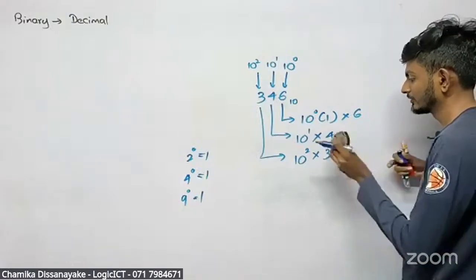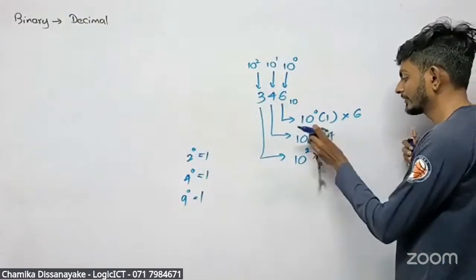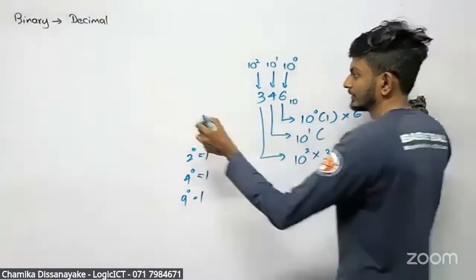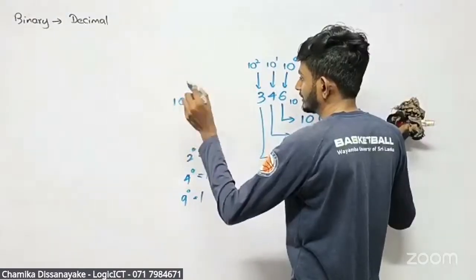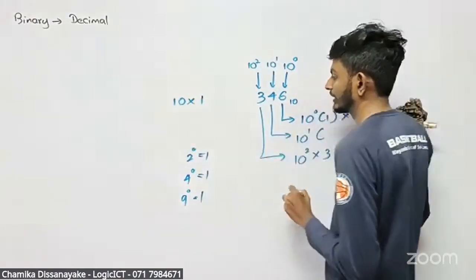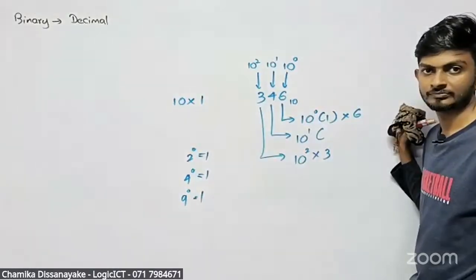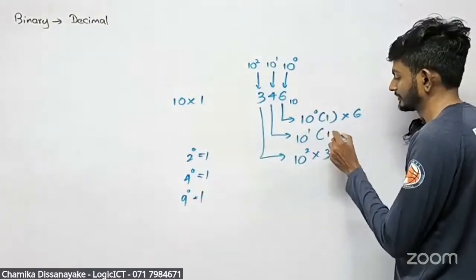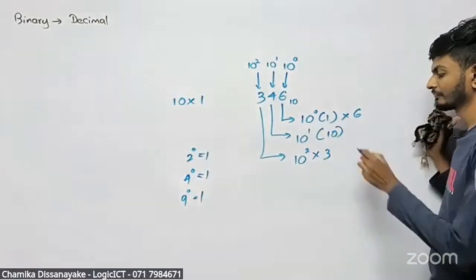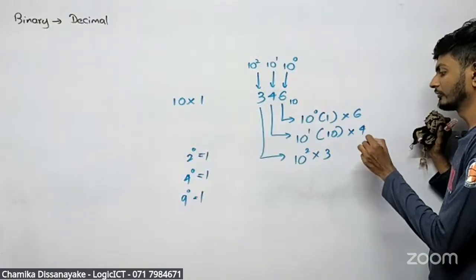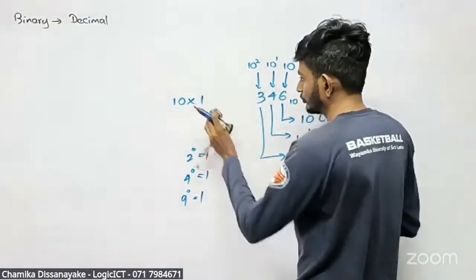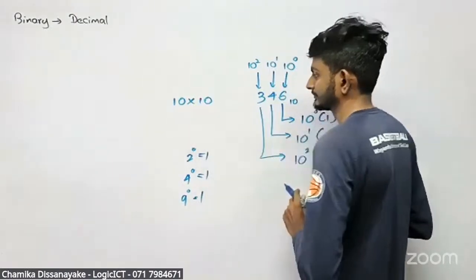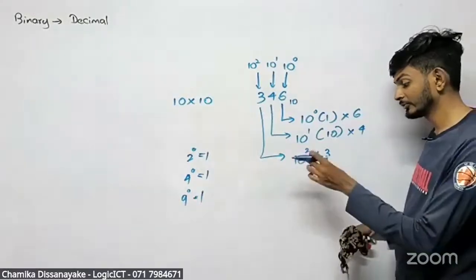So here, 10 to the power 1 means what? 10 to the power 1 means actually 10, multiplied by 4. 10 to the power 2 means 10 by 10.